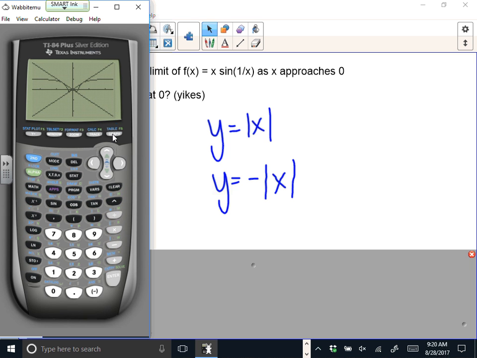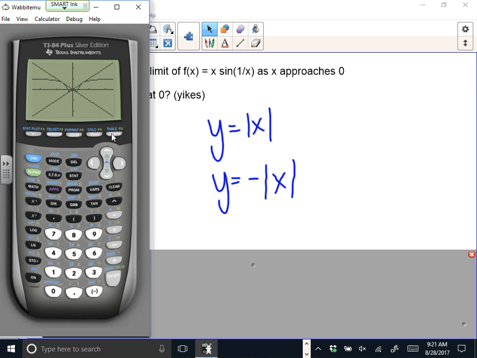Before our computers got updated to Windows 10, I had that up here to use, but it doesn't work with Windows 10. Yes, where is absolute value? It's under math, and then if you arrow over to number. Is f of x squeezed in between those two absolute values?